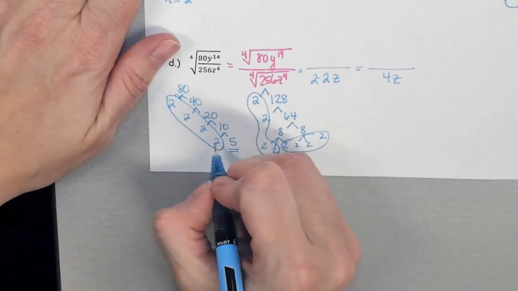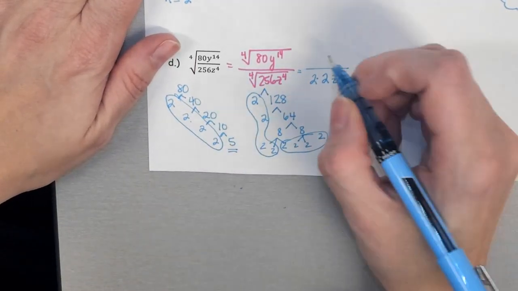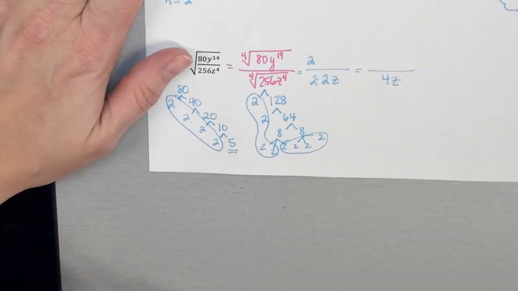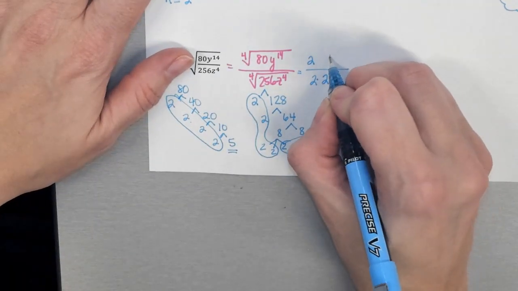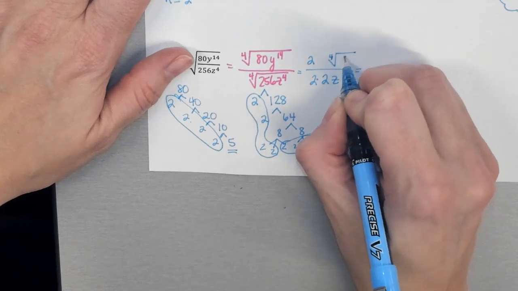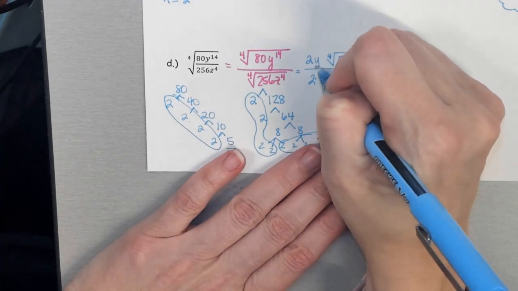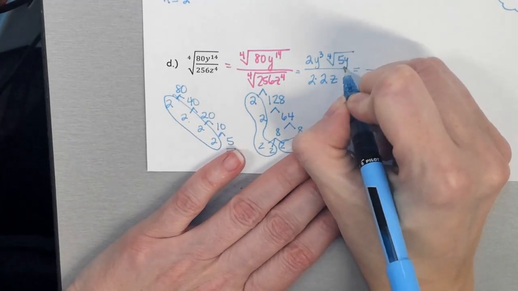The 5. So if I have 2 to the 4th, when I take the 4th root, a 2 comes on the outside. Okay, and then I have the 4th root of 5 is going to stay on the inside. And then I can simplify the y. So 4 goes into 14 how many times? 3 times. How many left over? 2.